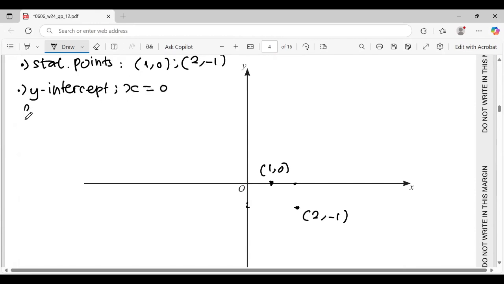So when x equals 0, f(0) equals (2 times 0 minus 5)(0 minus 1) squared. Calculate, the result is minus 5. So the coordinate point is (0, minus 5).